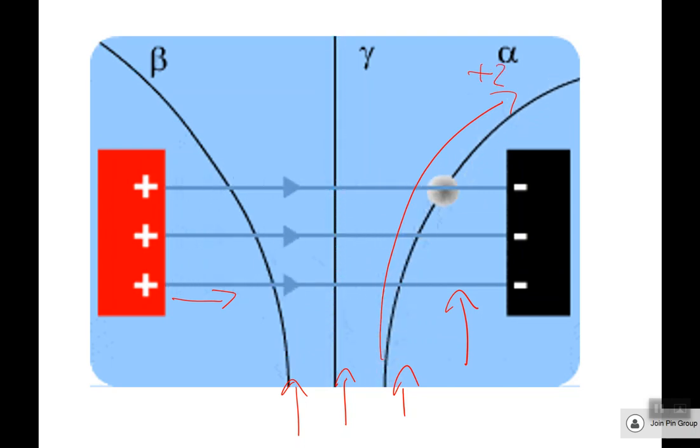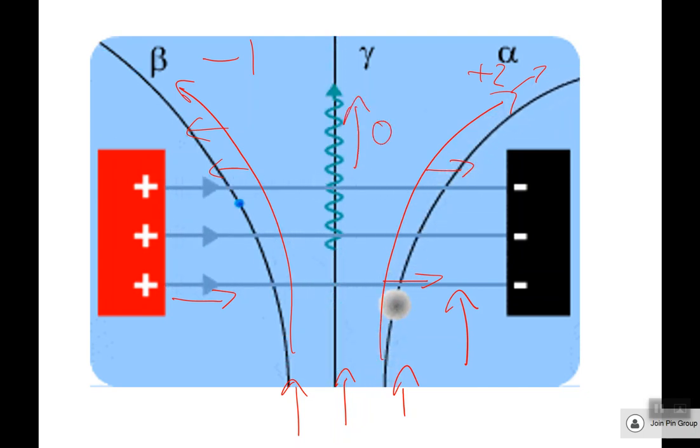So therefore, the force it feels is going that way, so it starts to curve over here in this direction. Beta has completely the opposite charge, so it curves in the opposite direction over that way. The force is this direction. Finally, gamma is completely undeflected because it has zero charge whatsoever.